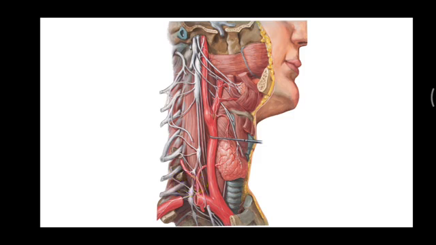But sometimes the inferior cervical ganglion joins with the first thoracic ganglion to form the cervicothoracic or stellate ganglion in this region.